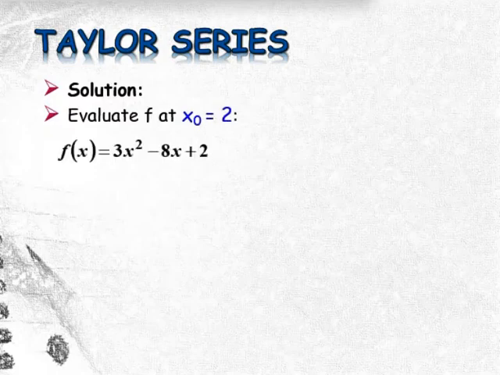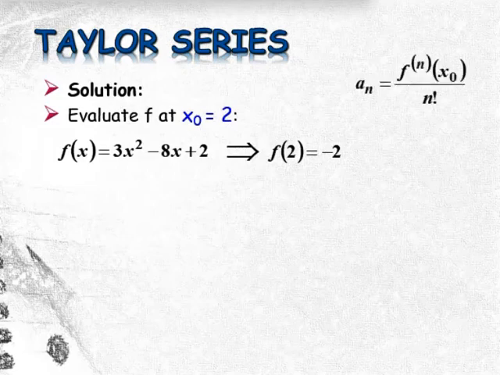Given f of x equals 3x squared minus 8x plus 2, f of 2 is equivalent to negative 2. We then determine the coefficient using the formula, the derivative at x sub 0 over n factorial. So your a sub 0 is equivalent to negative 2 over 0 factorial, or simply negative 2.